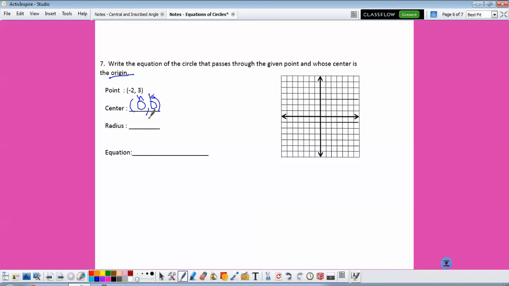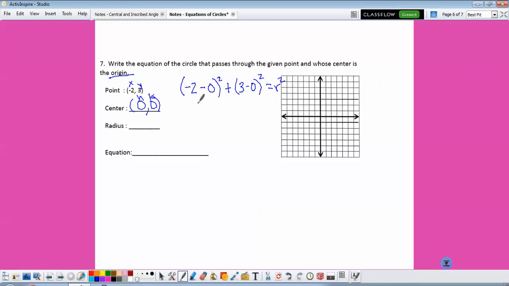Since we don't know the radius, we're going to plug in our point as x and y. So x minus h squared plus y minus, we said y was 3 minus 0 squared. And that will equal r squared.